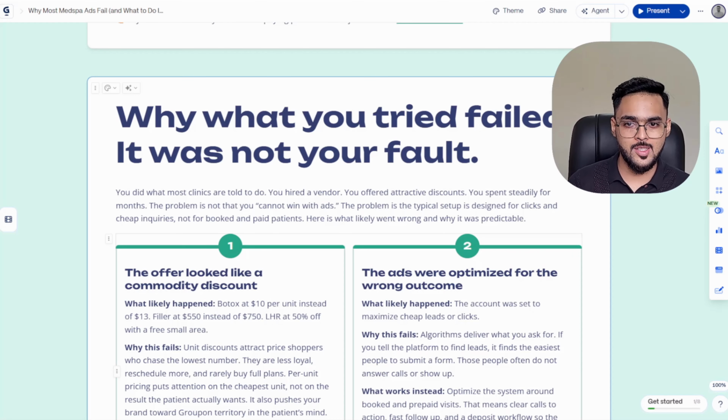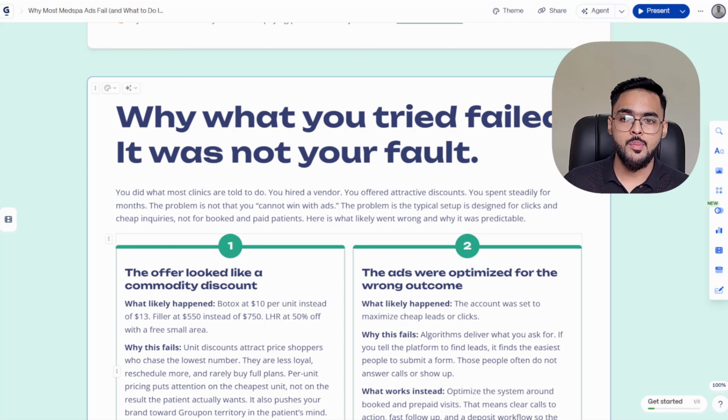The truth is, the way those campaigns are usually set up almost guarantees failure. They're optimized for clicks and cheap leads, not for booked and paying patients. They don't include deposits, they don't have instant follow up, and the creative doesn't create belief. So it's not you, it's the system.